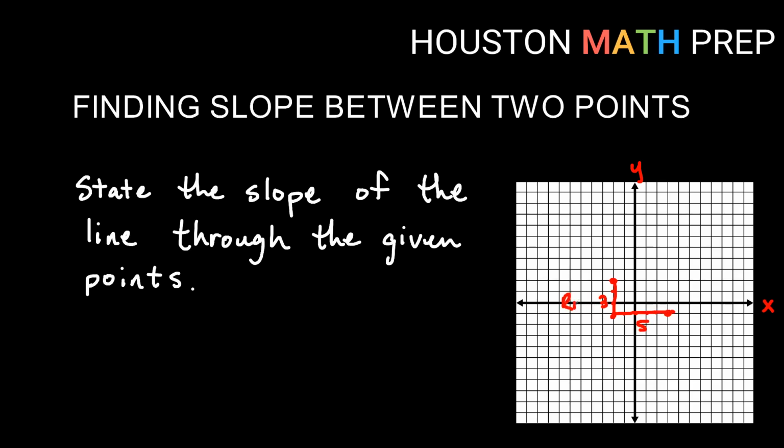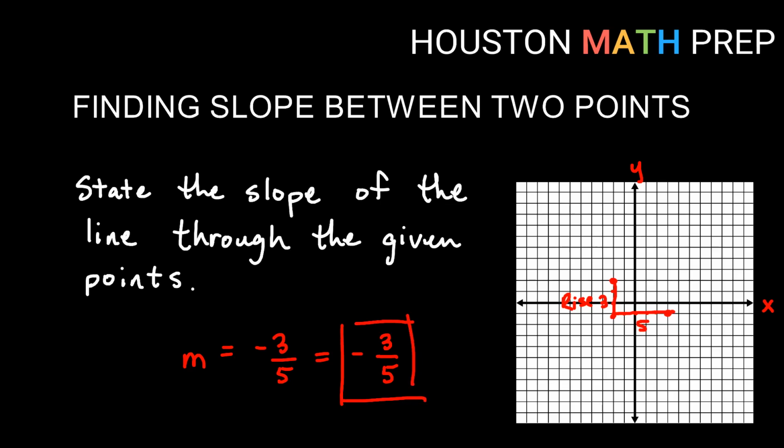So that is a rise of -3 because we're going down 3, and then +5. So my slope, which is rise over run, is going to be -3 over 5. What you'll usually see is the negative written outside of the fraction though, so we'll call it -3/5.